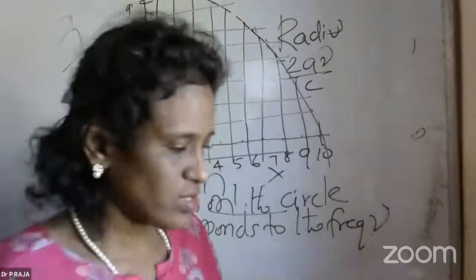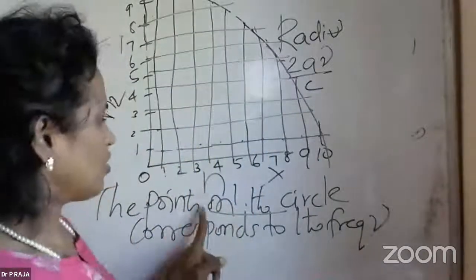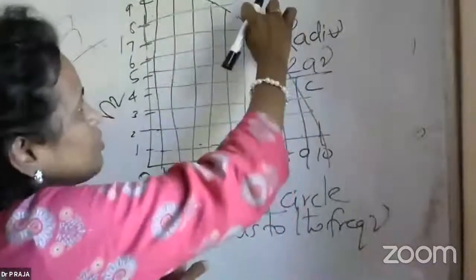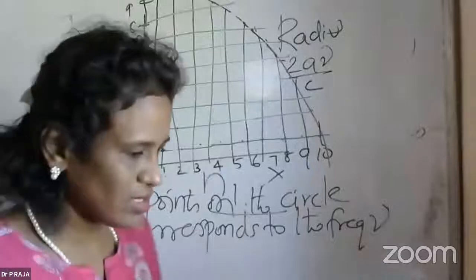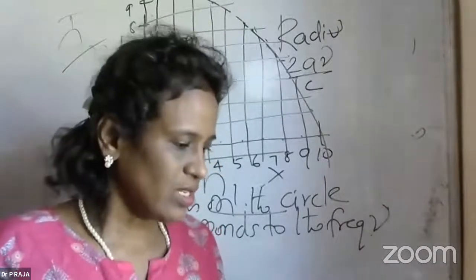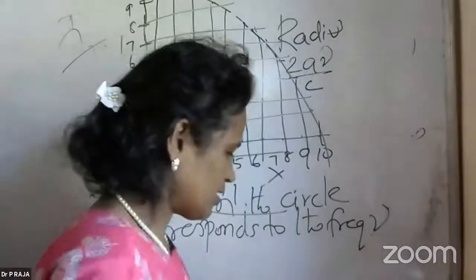I'm underlining the word: the points which are lying inside the circle are supposed to have a frequency which is less than nu.